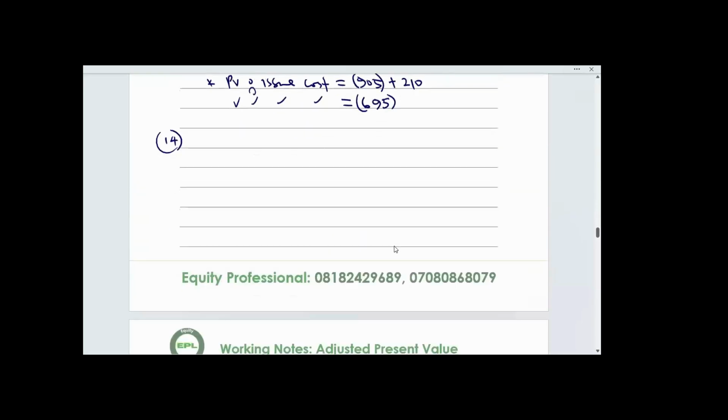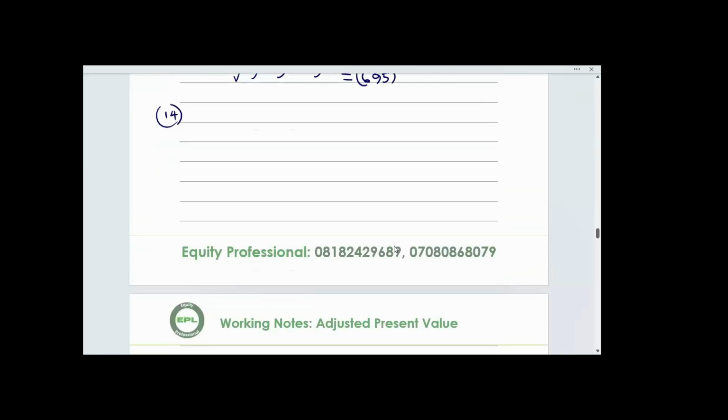You only calculate PV of net subsidy if in the question you are given a subsidy. If you are not given a subsidized loan, you ignore it. I like to use net subsidy instead of just subsidized loan, so that you don't forget that you are supposed to multiply by 1 minus tax.